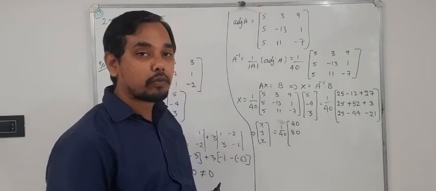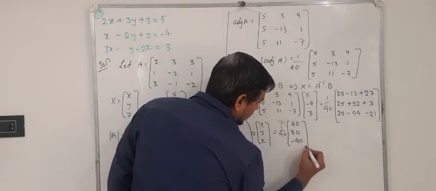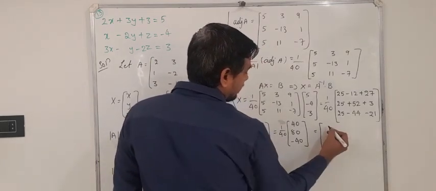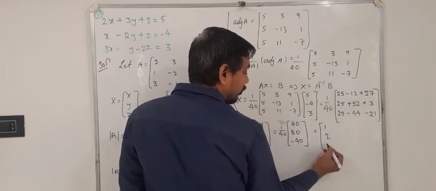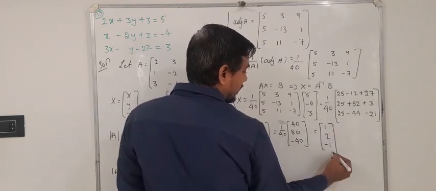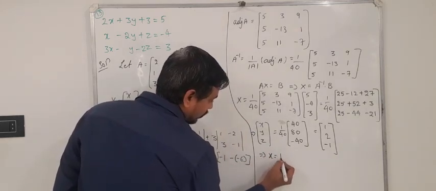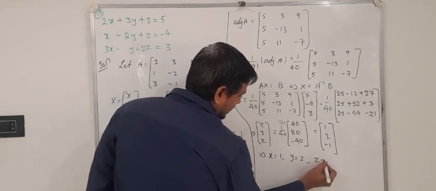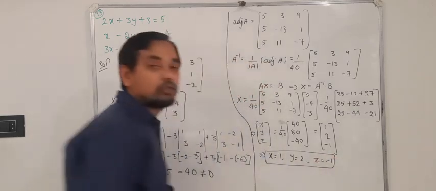Minus 65 plus 25 is minus 40, right? So nothing but, if I take inside, 40 divided by 40, 80 by 40, minus 40 by 40, that is minus 1, right? So I can write X is equal to 1, Y is equal to 2, Z is equal to minus 1, right? So this is how we need to solve.